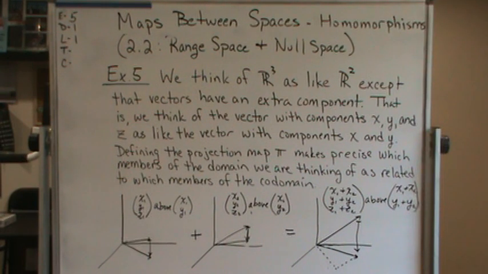This gives a restatement of the sum, so that the sum of the pi's is equal to the shadow of the sum, which is pi of the sum of the vectors. So the sum of the pi's is equal to the pi of the sum, is what we're trying to say.